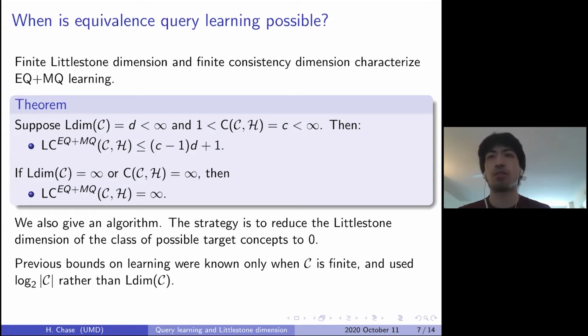The previous bounds were something like consistency dimension times the log of the size of the concept class. Here we replace the log with Littlestone dimension, and this allows us to look at cases where we have an infinite concept class.